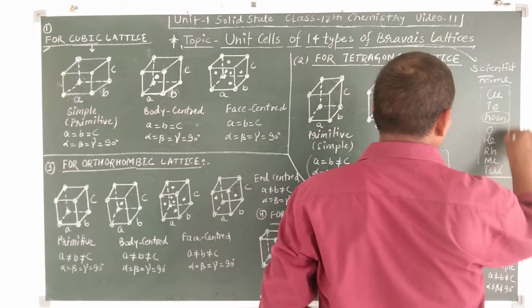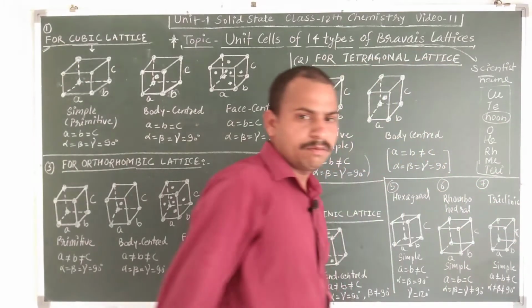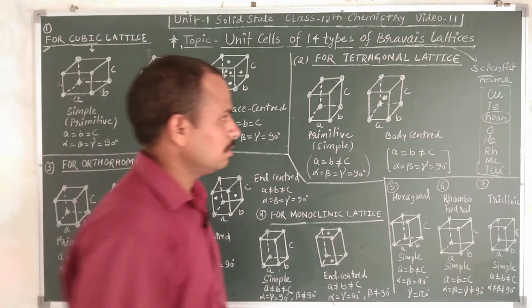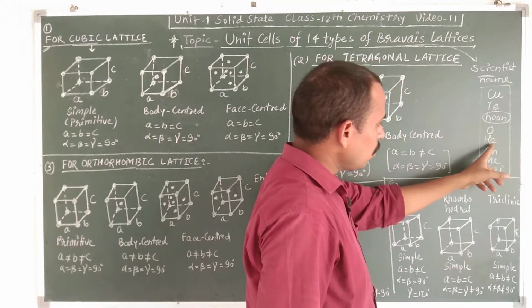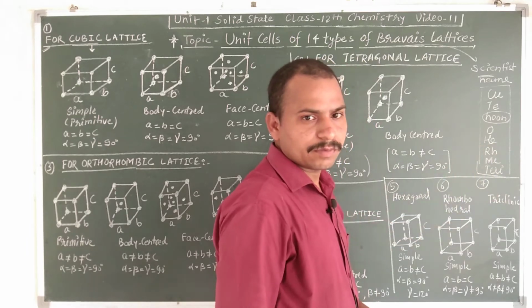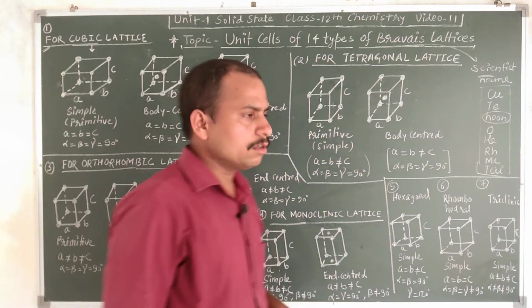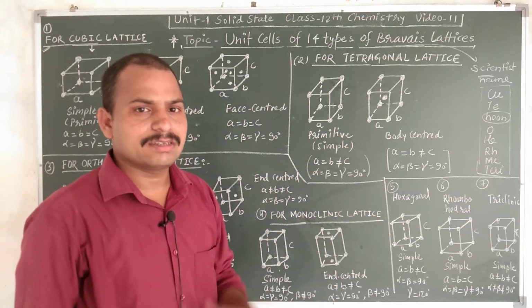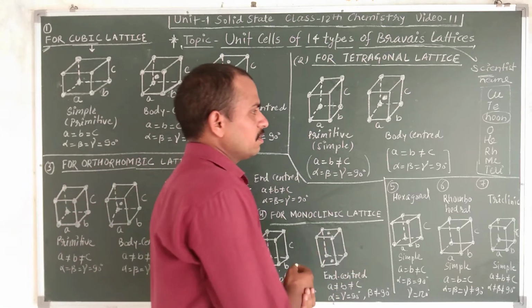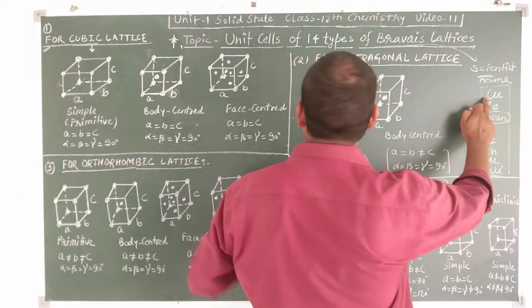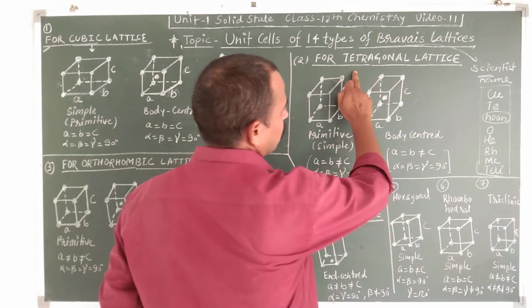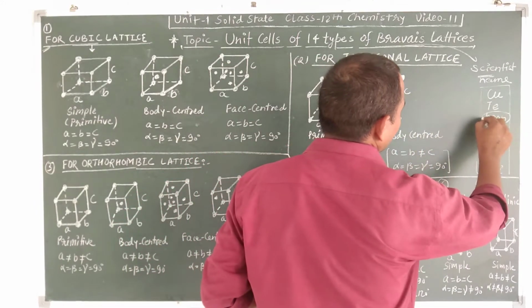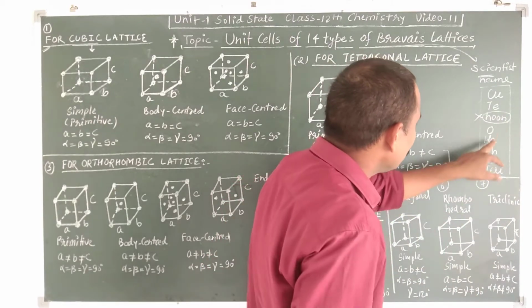This is the mnemonic to remember the 7 crystal systems. Cute, Whom, O, He, Me, Teri. So this is the mnemonic to understand and remember the 7 crystal systems. Cu means cubic. This is tetragonal. Whom nothing else.